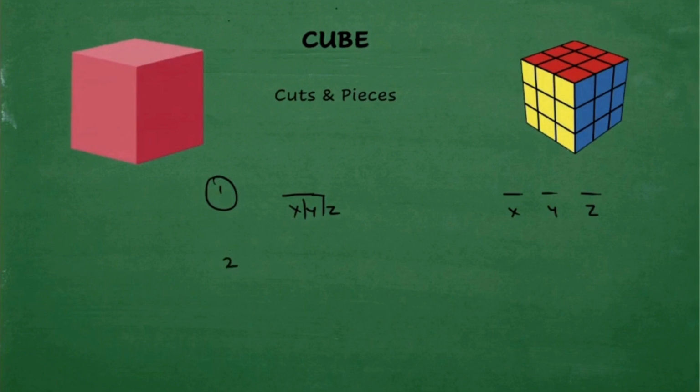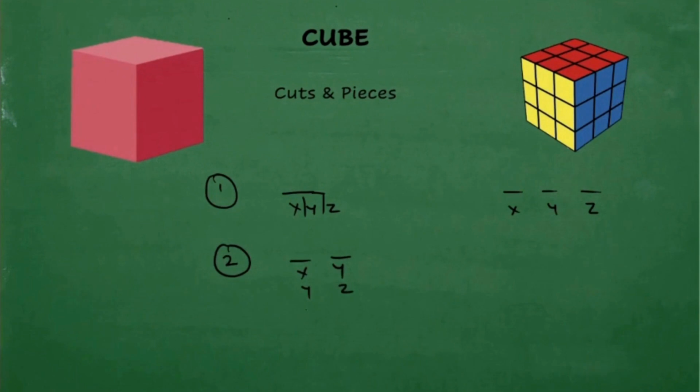My second case will be using any two directions for the cuts. My cuts will be on the x and y axes, or on the y and z axes, or on the z and x axes. So the cuts are made on two out of three directions to have identical pieces. And my third pattern will be to make cuts in all three directions, that is the x-axis, y-axis, and z-axis, to have identical pieces.